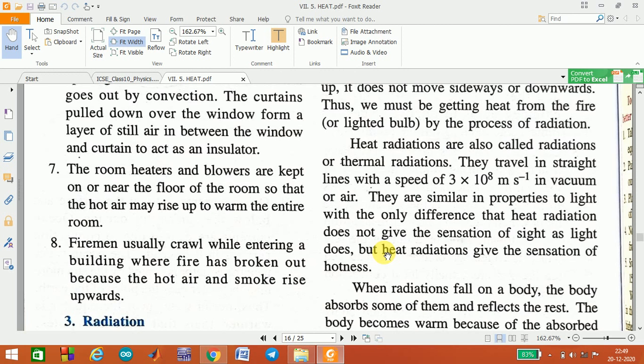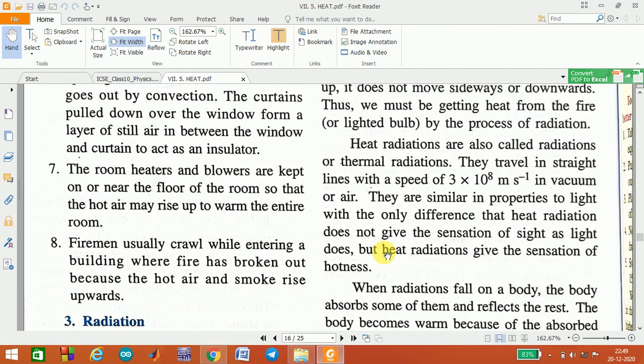Why are they crawling? Because the hot air and smoke rise upward. That means the hot air and smoke are present in the upper part of the room, and the lower part does not contain that much heat, hot air or smoke. So that's why firemen crawl while entering a building.